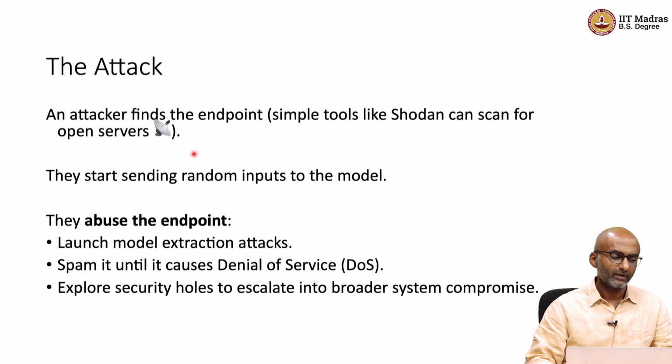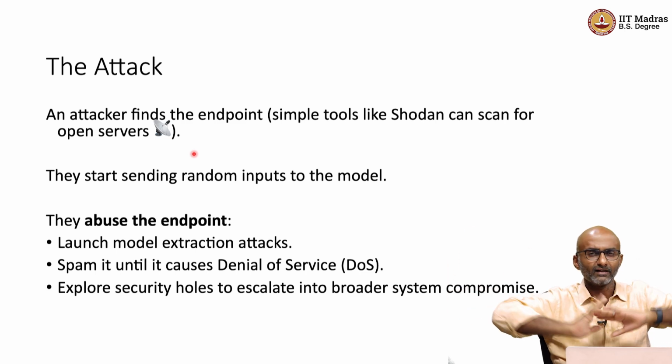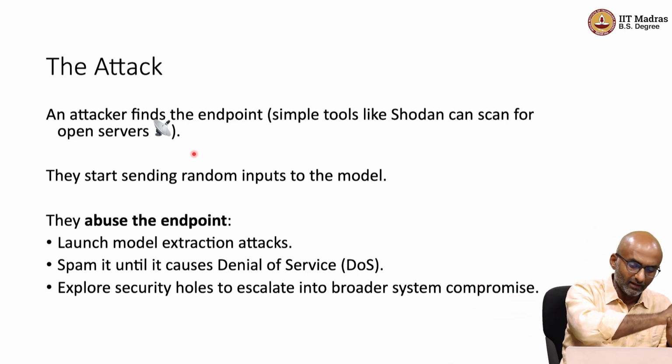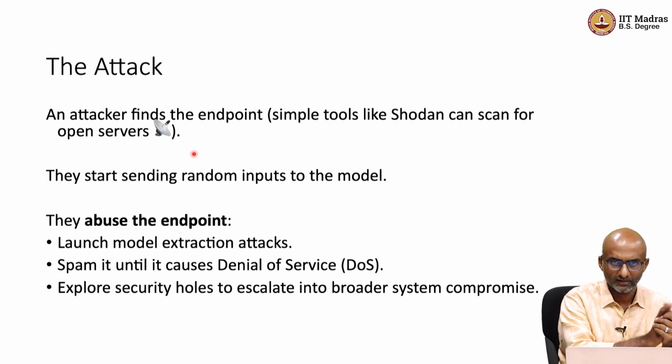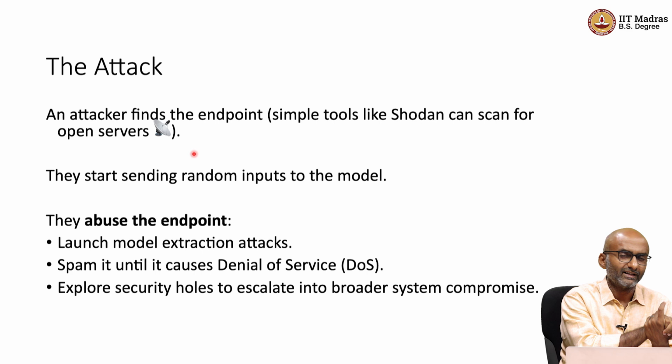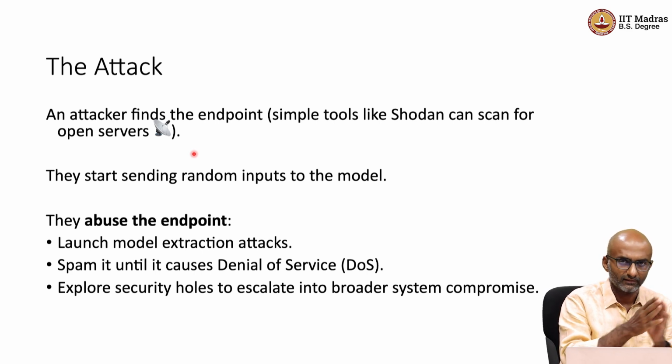At which point you can start doing distributed DOS, distributed denial of service, and that comes from a wide variety of IP ranges, wide variety of internet source providers, etc. And then finally explore other security holes that escalate into broader system compromise across the entire network. So the attack can become very quickly serious by starting off small and then expanding from there.